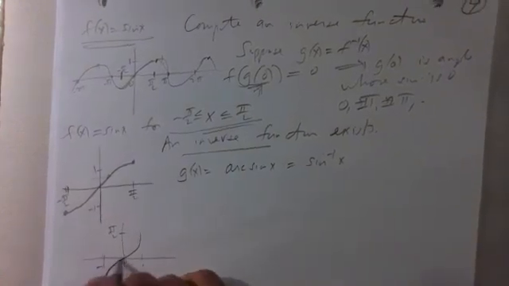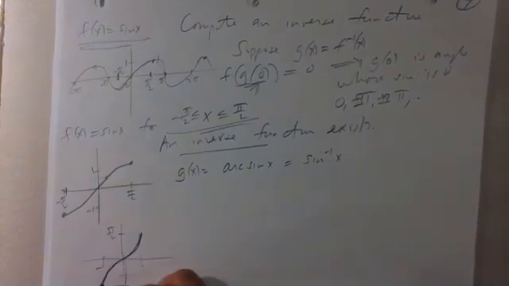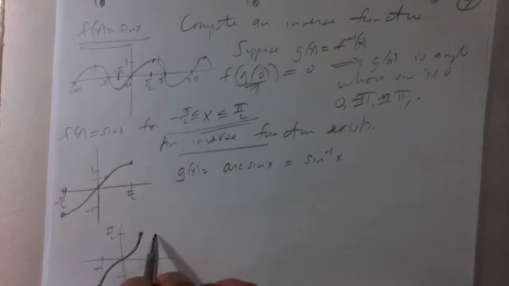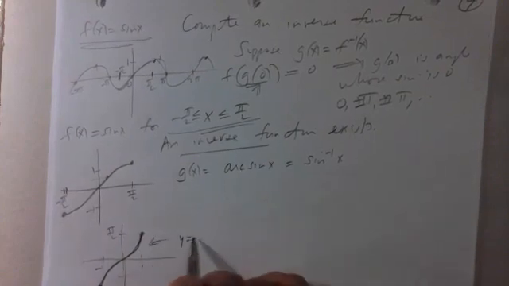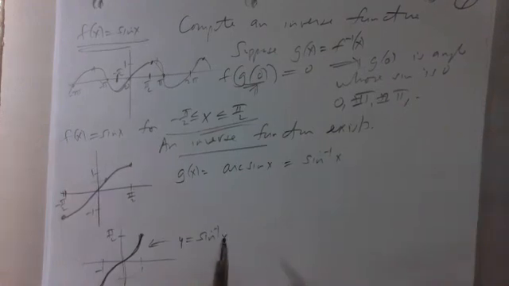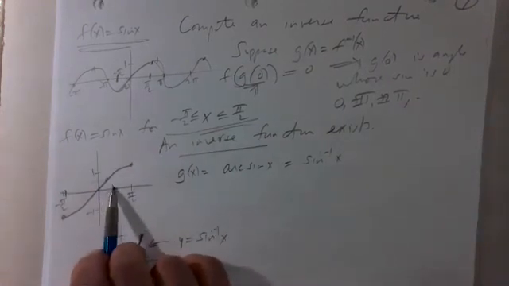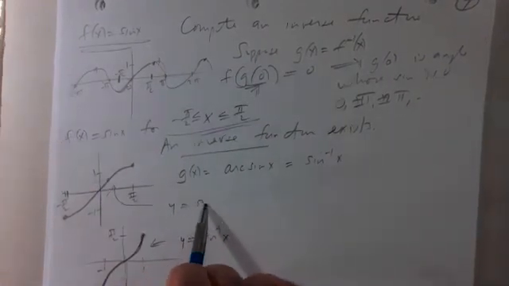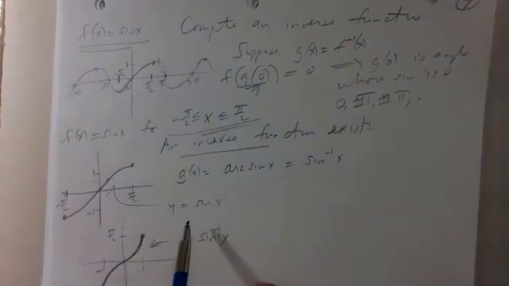And it looks like this. So this is the graph of y equals inverse sine of x. That's the graph of y equals the sine of x. And this inverse function does exist.